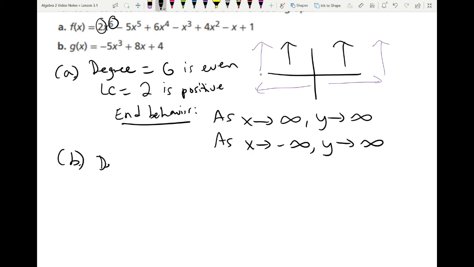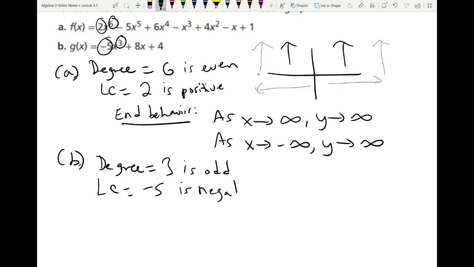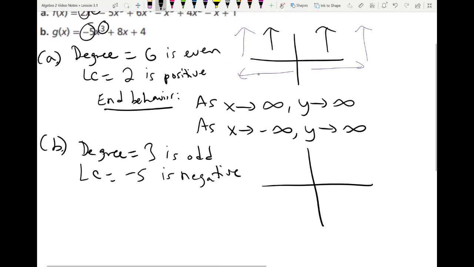So our degree is 3, the highest power. Our leading coefficient is -5. So this is odd degree, and the -5 is negative. If you look at our 4 cases, odd degree and negative is going to start up like this and then go down on the right side.